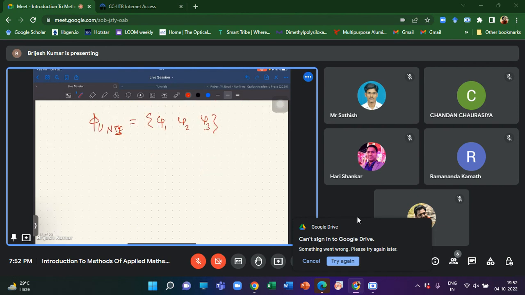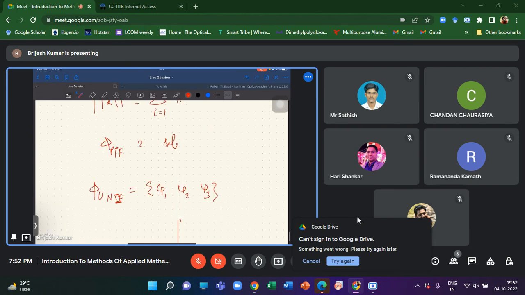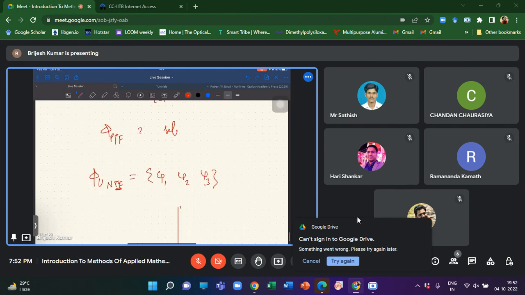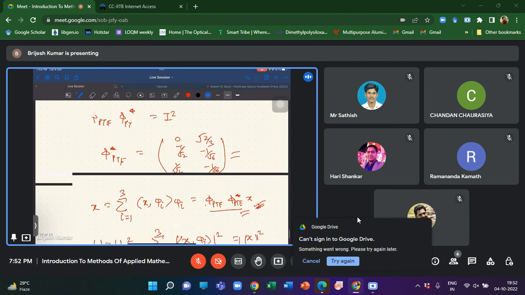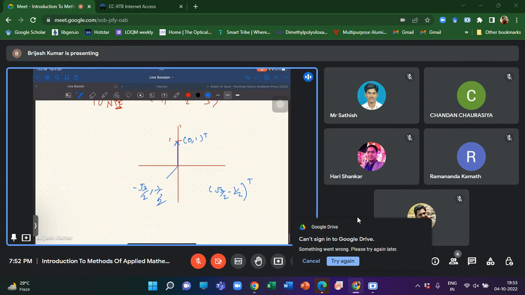Now if you plot this, the norm is 1, so this will be 0 comma 1, the other one is root 3 by 2 comma minus 1 by 2, and the other one is minus root 3 by 2 comma minus 1 by 2.